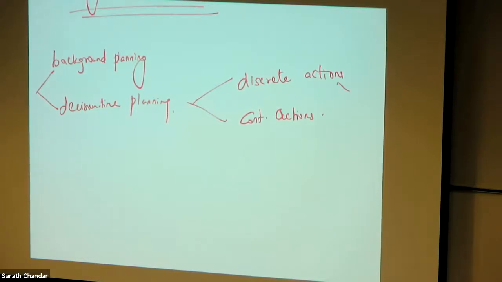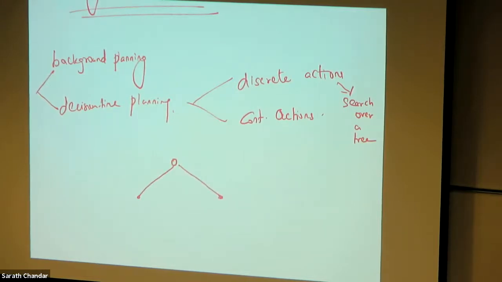The discrete option is some sort of search over a tree. In the discrete case, given the current state, we will consider all the possible actions.